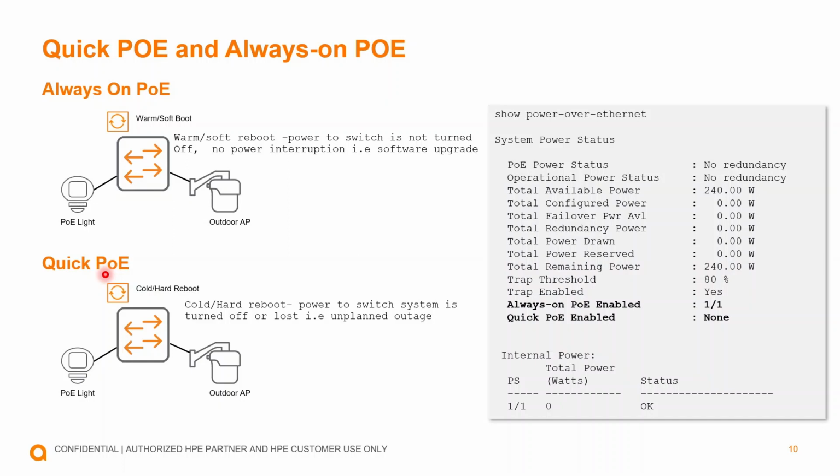Next is quick PoE. Quick PoE supplies power to the powered devices as soon as the switch is plugged into AC power, so devices can initialize at the same time as the switch boots up. These are the game changers for PoE switches, and now they are available in our 6200 model series of switches as well.